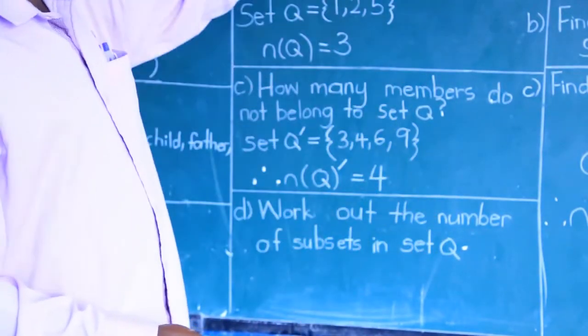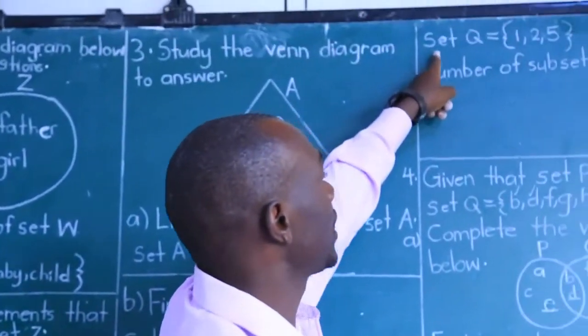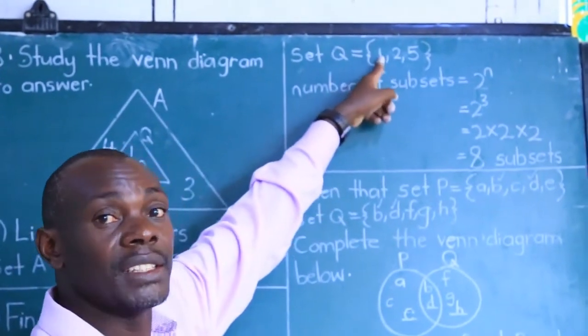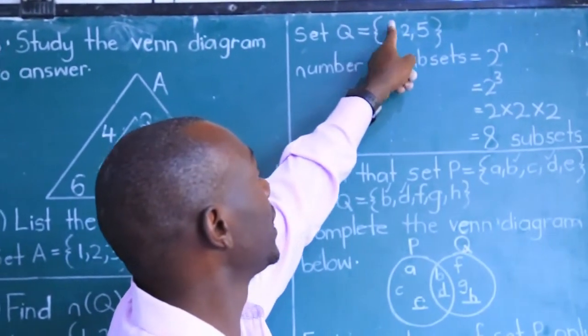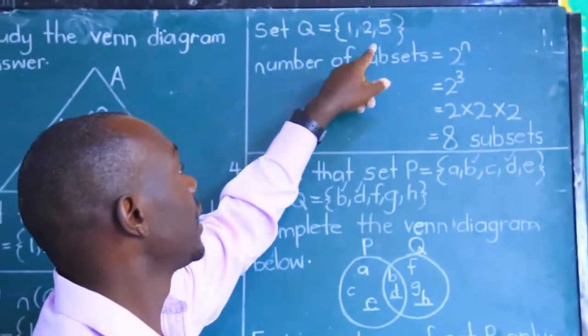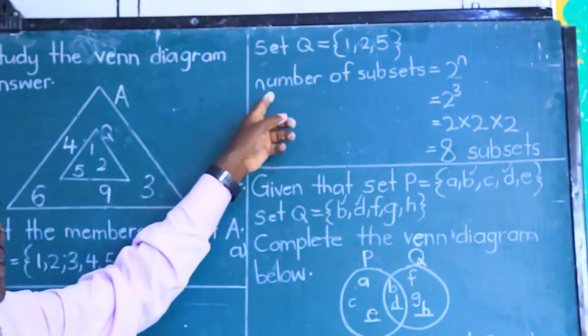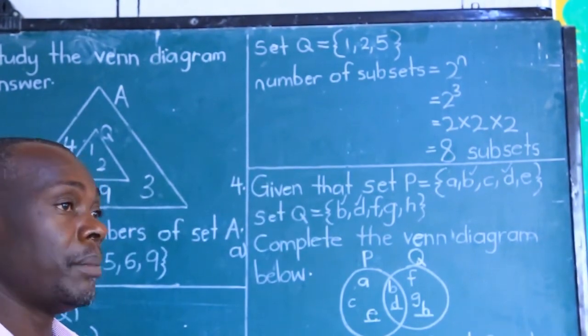Now, set Q, the members are 1, 2, 5. So first list them here and say set Q encloses or contains or consists of 1, 2, 5, with commas. And now you are asking for the number of subsets. You want the number of subsets, not the number of elements this time.